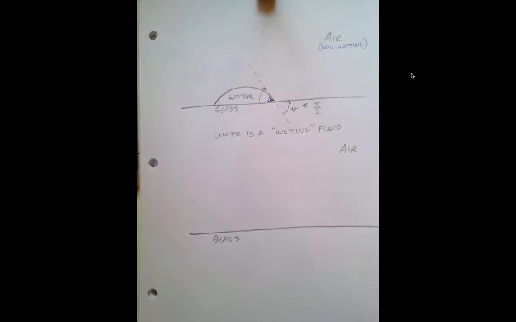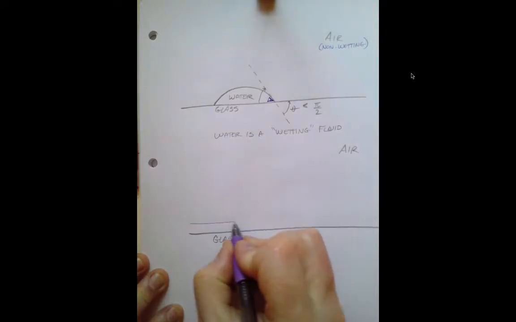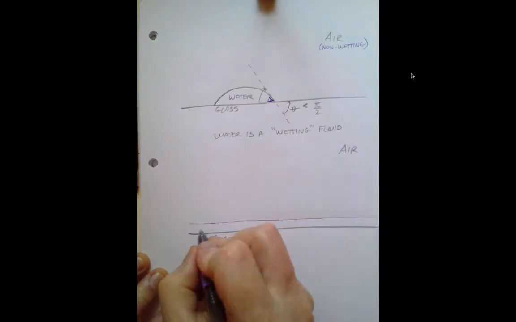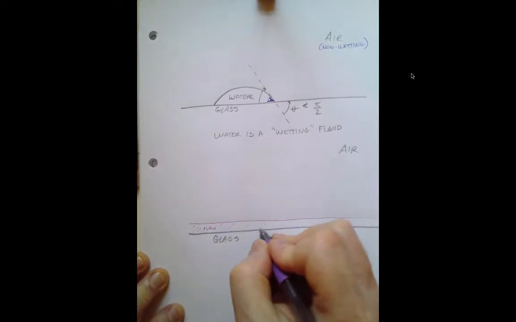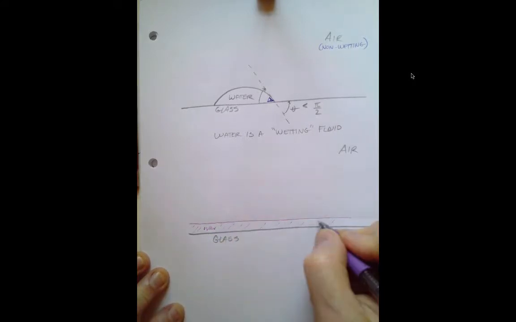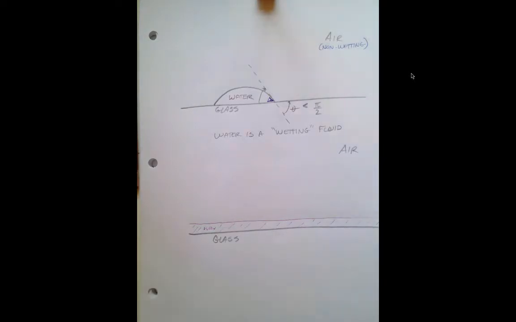Now we're going to take that same situation. We're going to use purple wax. The reason we put wax on the glass of our windshields is to cause the water to bead up on it.